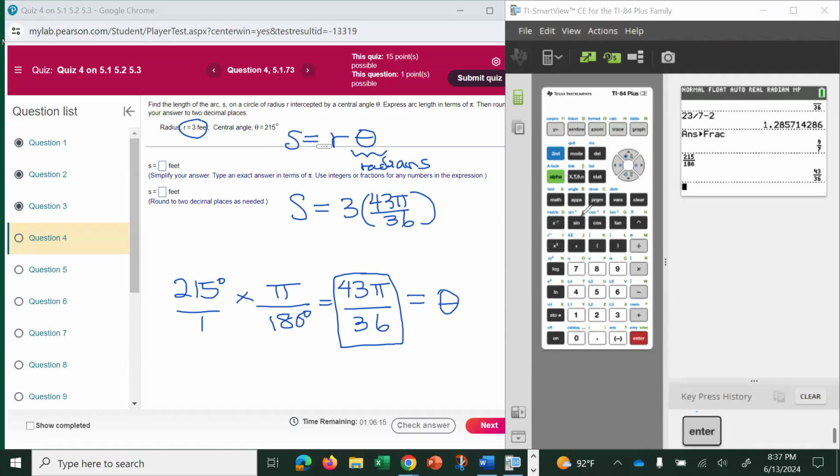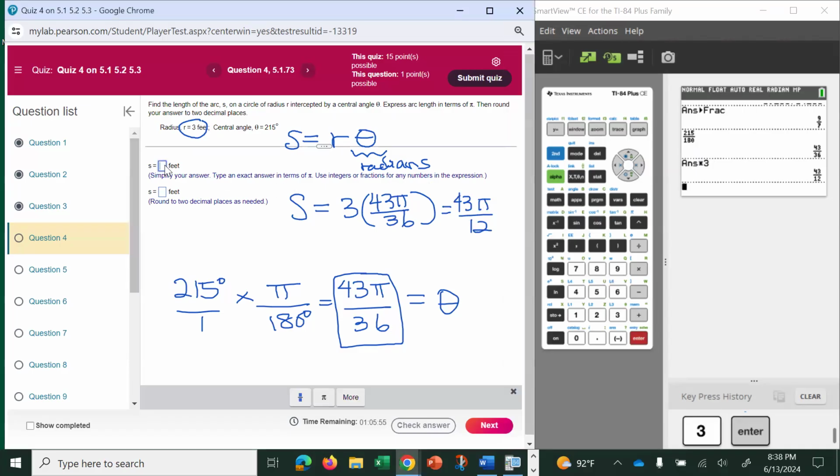And I'm going to also do that using my calculator. I'm going to multiply 43 over 36 by 3. It's giving me 43 over 12, and I have to put the pi back. So this is equal to 43 pi over 12. So this wants the exact answer in terms of pi.